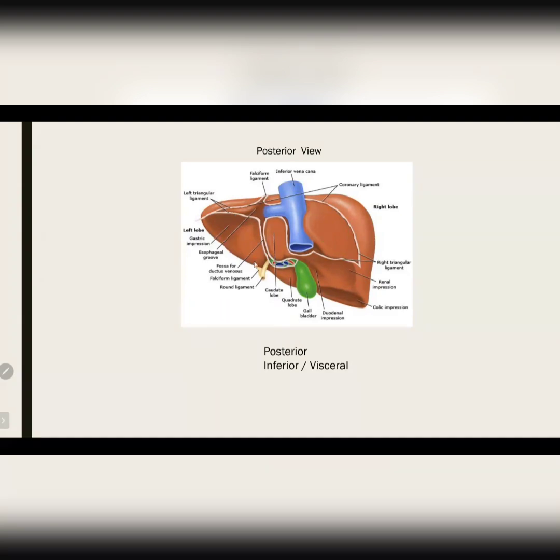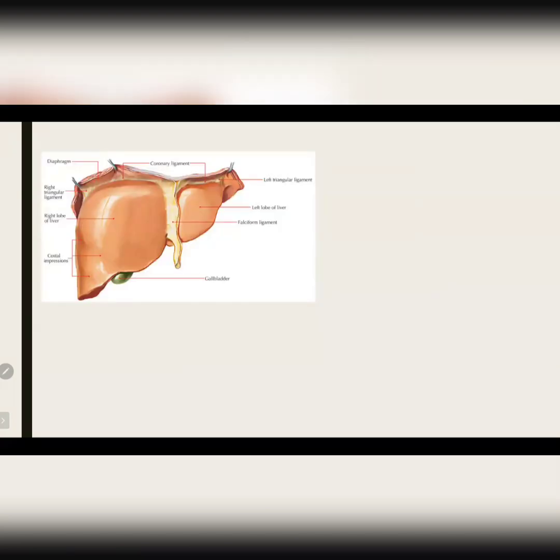This large area on the posterior view of the liver, with a lot of impressions made by the other abdominal organs, is called the inferior surface or the visceral surface. As I had mentioned, there is no clear distinction between certain surfaces in the anterior view.